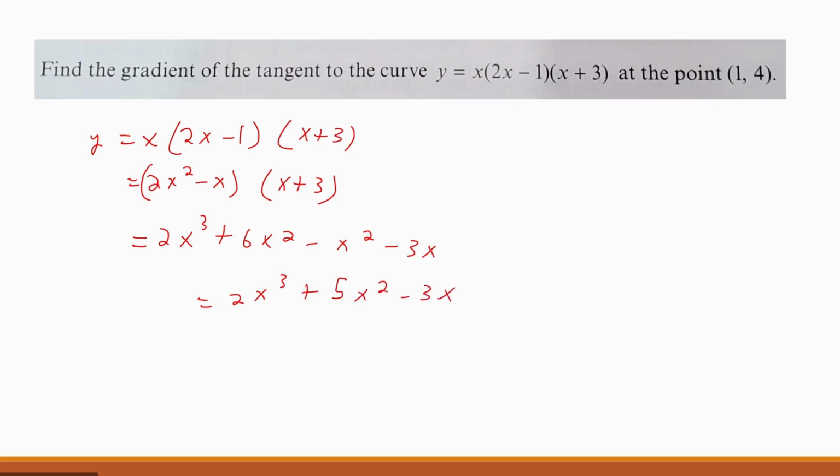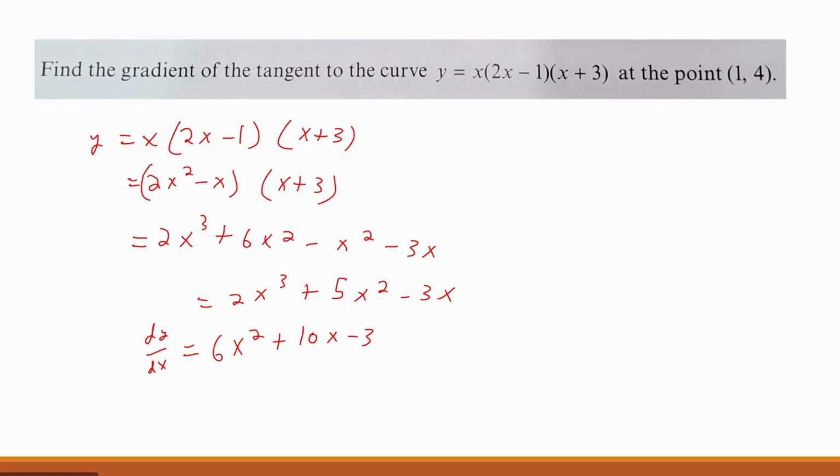Now what we are going to do is differentiate this. dy over dx gives me 2 into 3 is 6x squared plus 10x minus 3. This is the differentiation, and for this we are supposed to find the gradient.